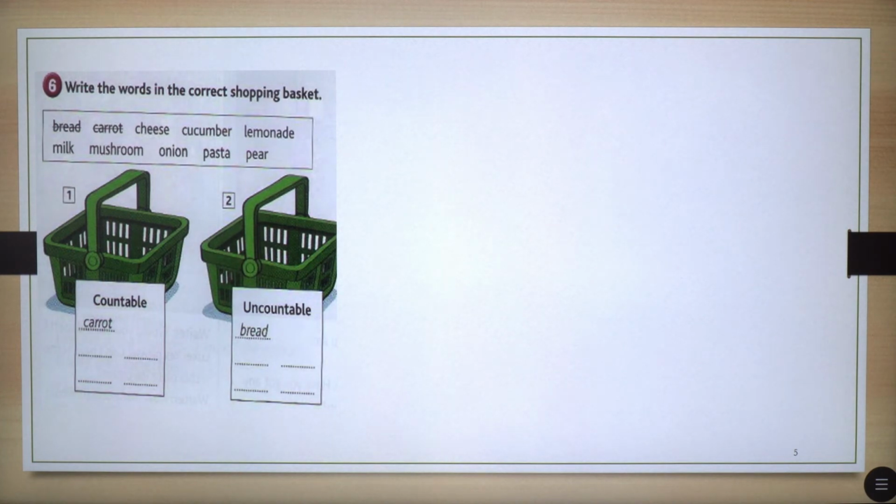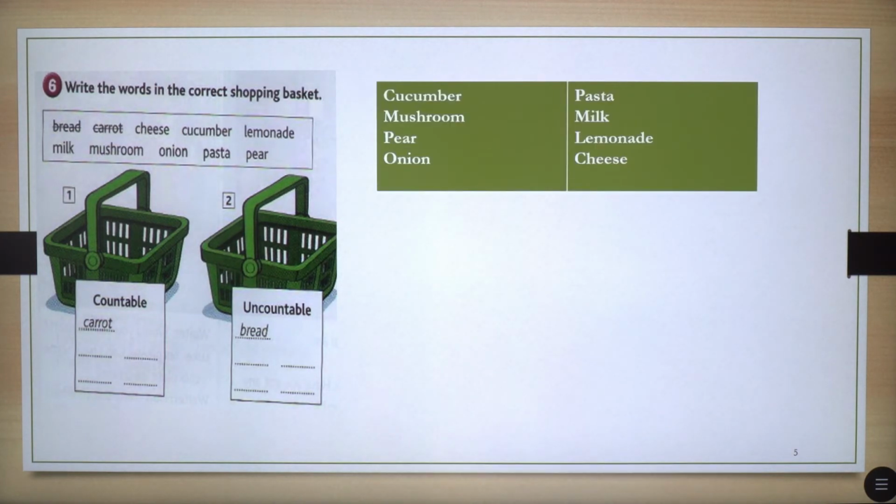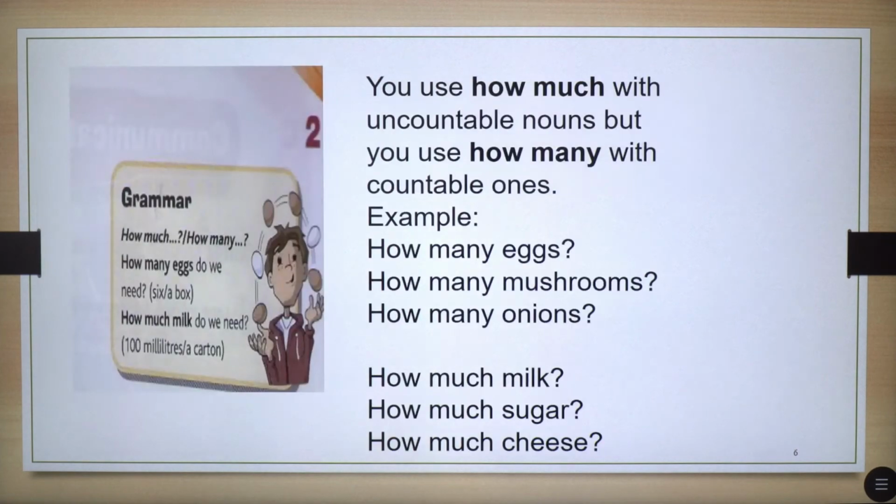Pear is countable. Let's see if we were right. Okay, as we can see, we were right. So countable ones are cucumber, mushroom, pear, onion. Uncountable ones: pasta, milk, lemonade, cheese.